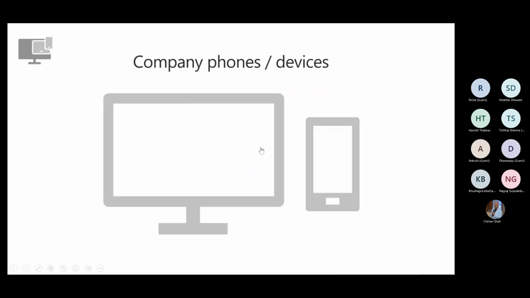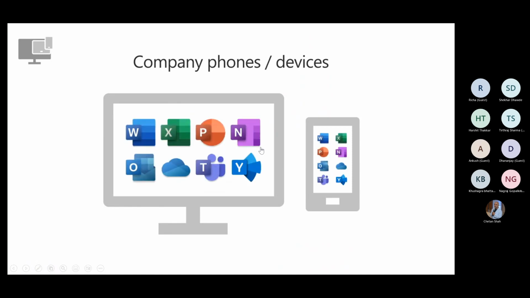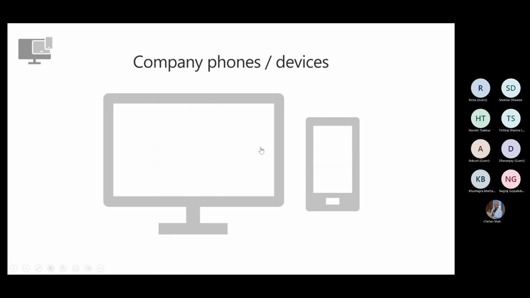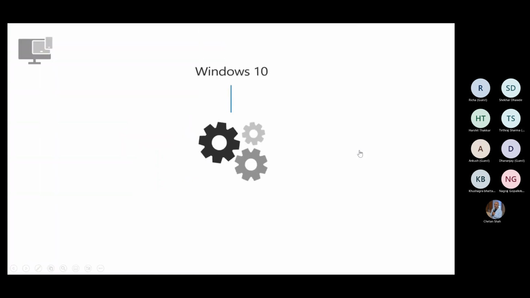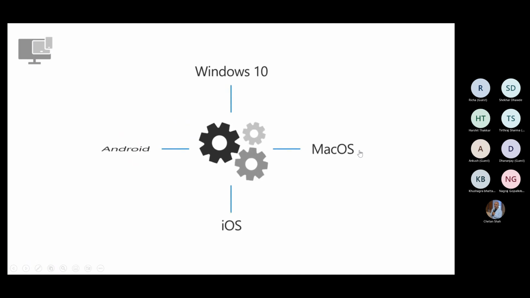For company devices, you can fully manage them, enforce BitLocker encryption, automatically install updates, reset the devices to their factory settings if given to a new user, or wipe data if lost or stolen. In addition to Windows 10 devices, you can also manage macOS, iOS, and Android devices.